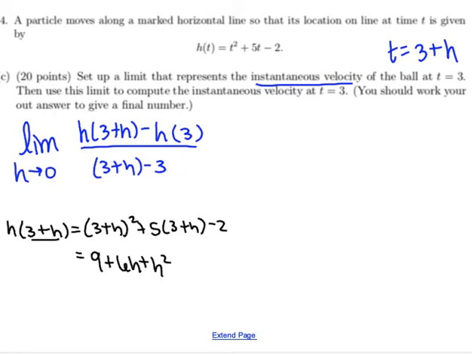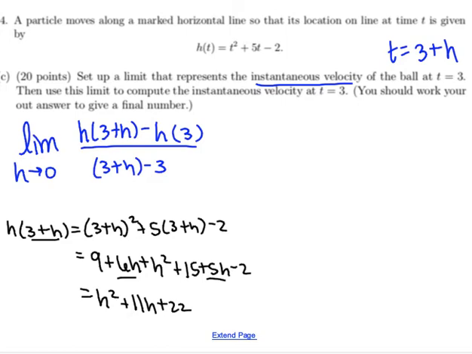Distribute our 5, so plus 15 plus 5h minus 2. And then I'm just going to combine my like terms. So I have h squared plus 11h, 9 and 15 plus 22 minus 2. So it's my h of 3 plus h.